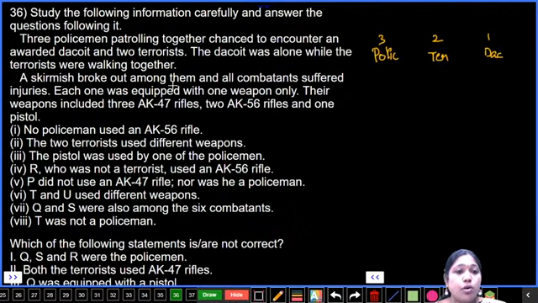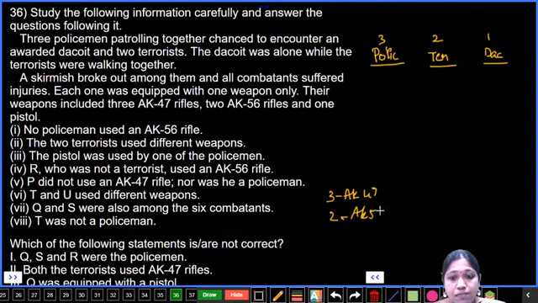A skirmish broke out among them and all the combatants suffered injuries. Each one was equipped with 1 weapon only. Their weapons are 3 AK-47 rifles, 2 AK-56 rifles and 1 pistol.